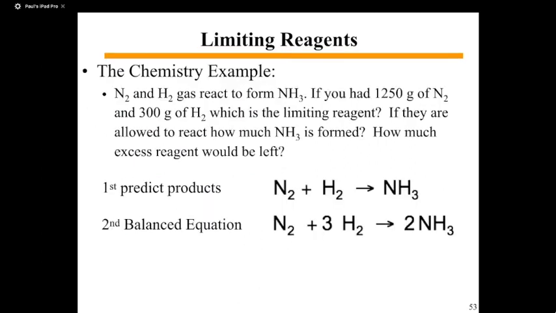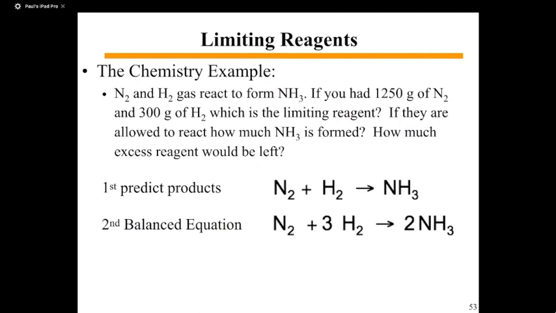Now, here is a real-life example that you can't do in your head, but you might actually head in a certain direction. Okay, the two gases that react are nitrogen and hydrogen to form ammonia. Okay, that's the common name of that NH3. If you had 1,250 grams of nitrogen and 300 grams of hydrogen, which one is the limiting reagent?